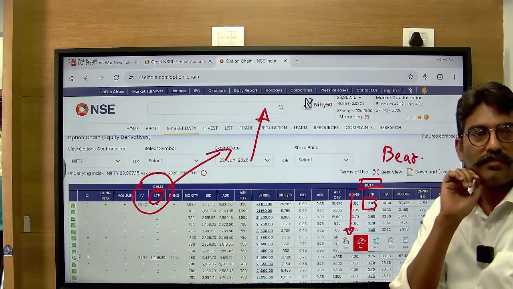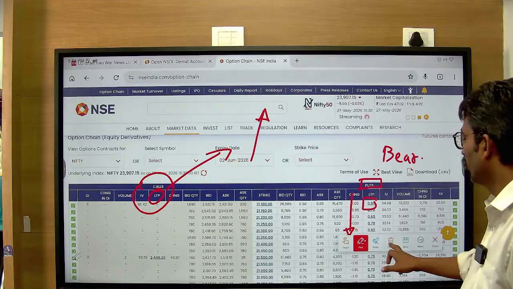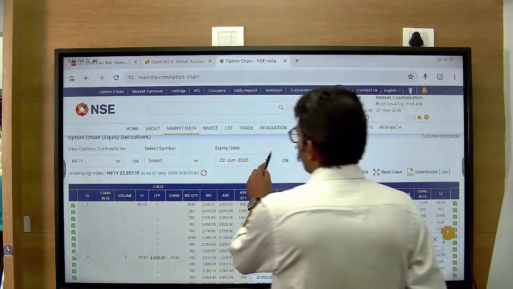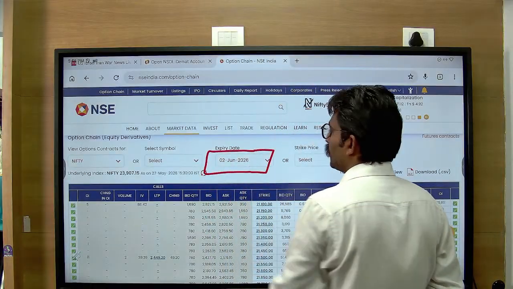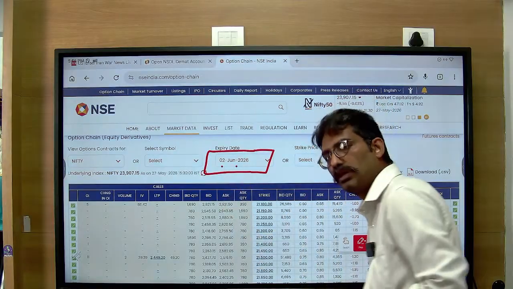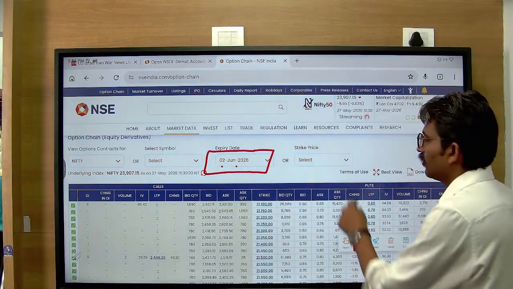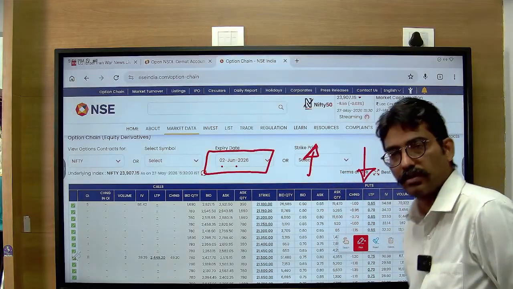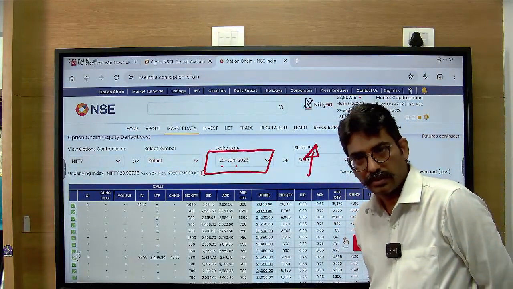But the next question for you to understand is when. I spoke about stipulated time and I spoke about stipulated distance. So by 2nd of June, you are expecting the markets to go up or you are expecting the markets to go down. Clear?